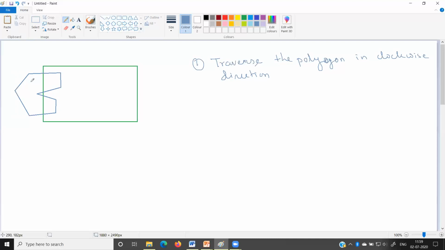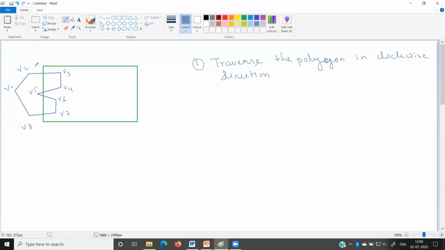So here you can see, before that we are putting the names of the vertices. This is V1, V2, V3. We are traversing in clockwise direction and putting the names of the vertices V5, V6, V7, V8.